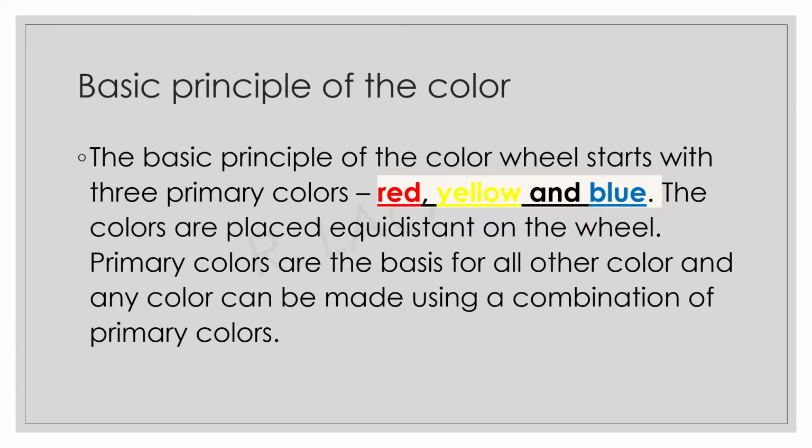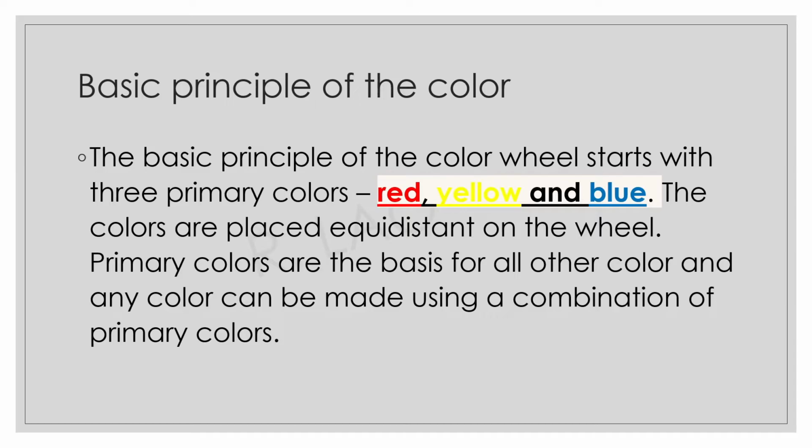Basic principle of color. The basic principle of the color wheel starts with three primary colors: the red, the yellow, and the blue. This is the traditional and the basic. The colors are placed predestined on the wheel.